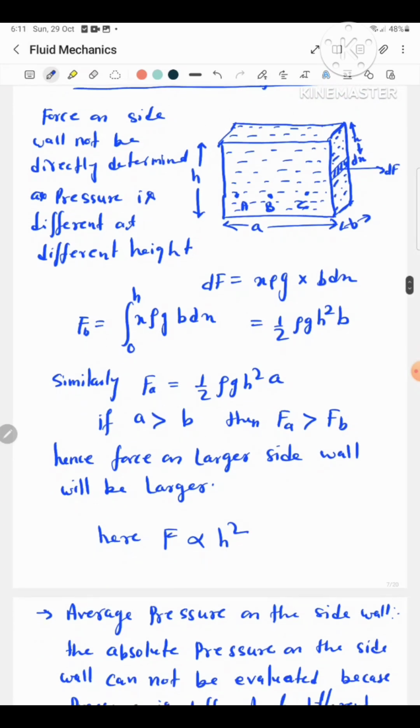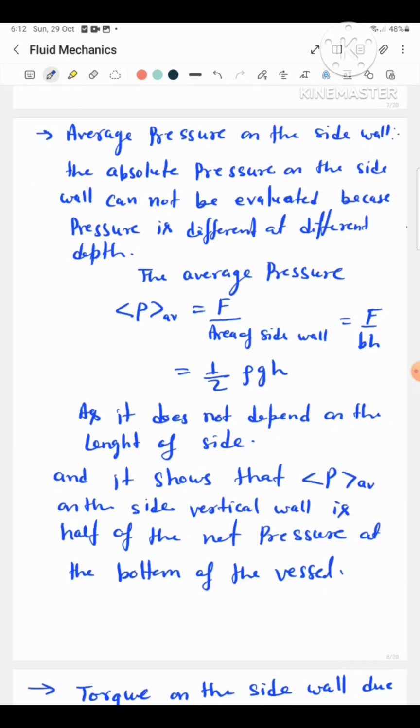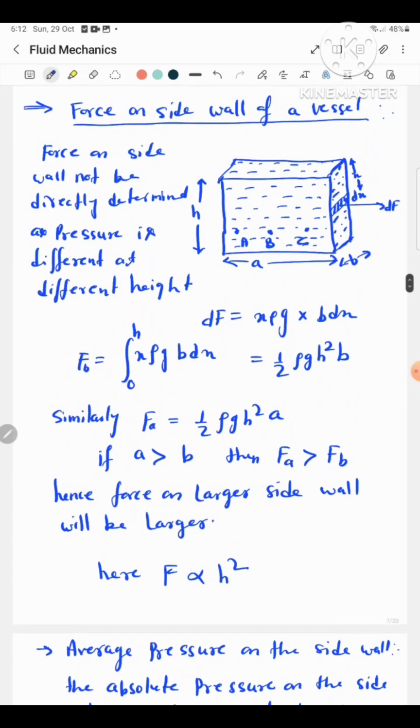Here a is greater than b, so Fa will be greater than Fb, meaning the larger side wall will have the larger force. We can also see that the force is directly proportional to h square. Average pressure on the side wall, we can calculate the average pressure on the side wall.